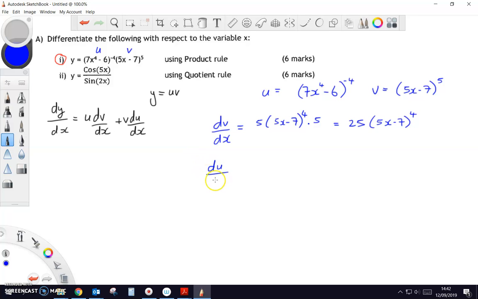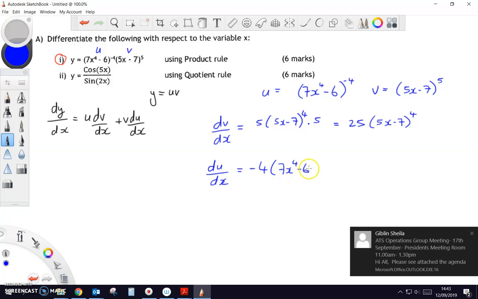Now we're going to get du/dx. So that's the first derivative of u with respect to x. Same idea, the minus 4 comes down in front of the bracket. We write out the bracket as it is, and our minus 4 reduces by 1 power.